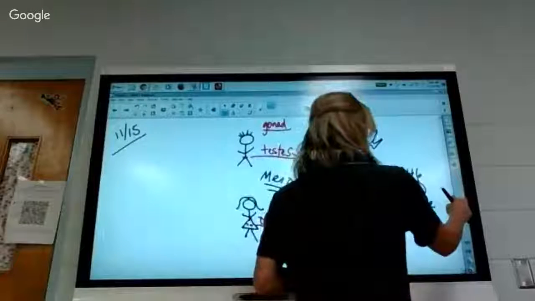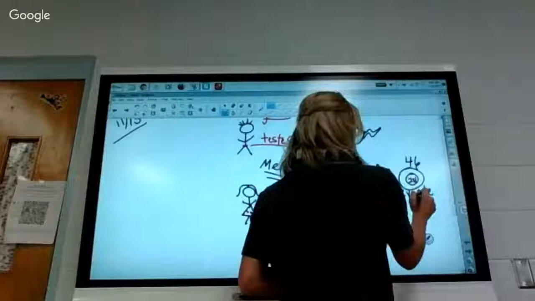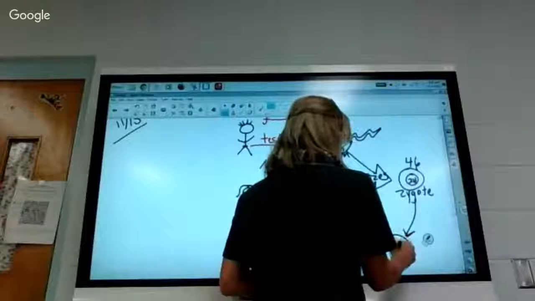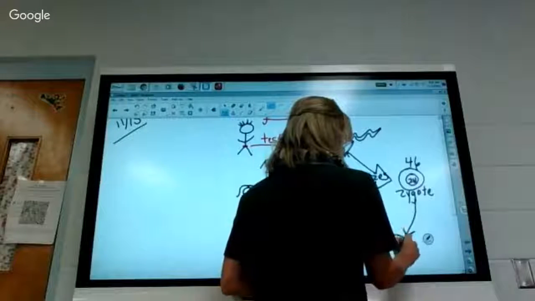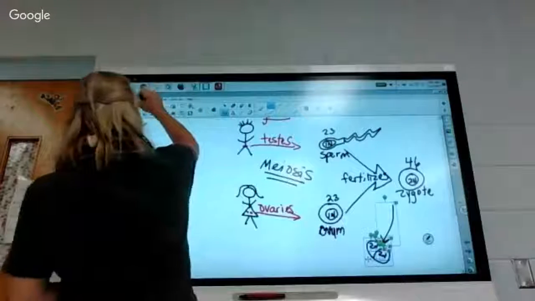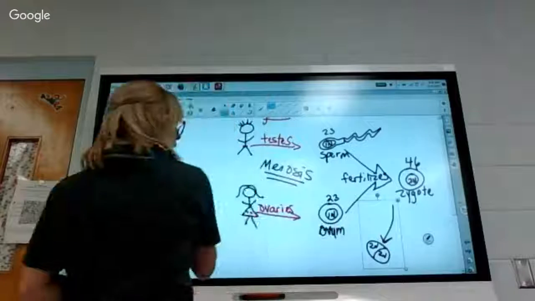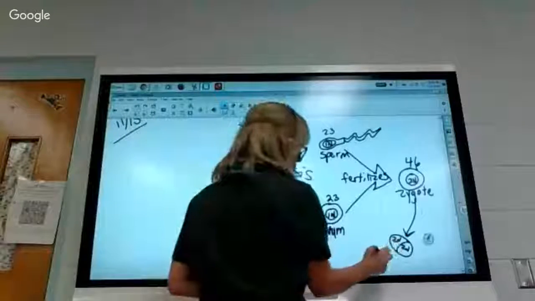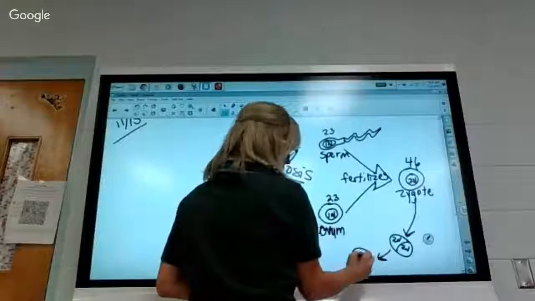So let's say that from here on out, DNA doubles and you become a little ball of cells, each cell having 2N chromosomes. And then DNA doubles, and then you're a ball of 4 cells, and so forth.